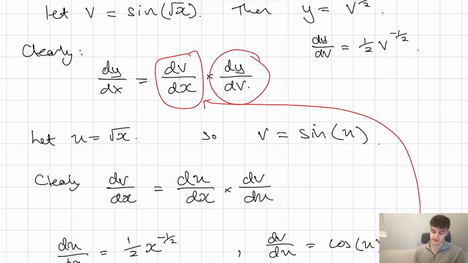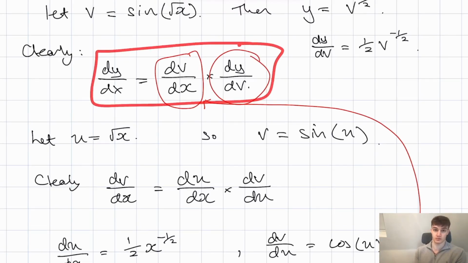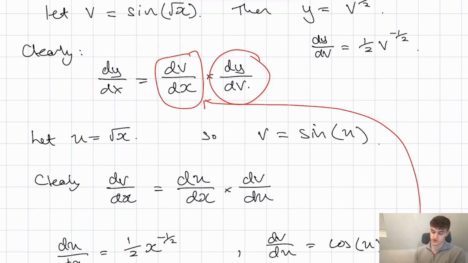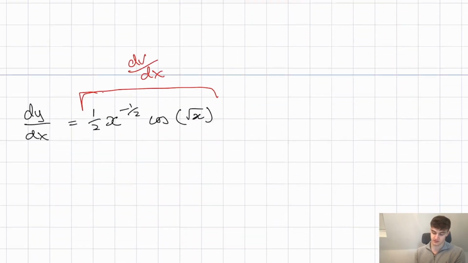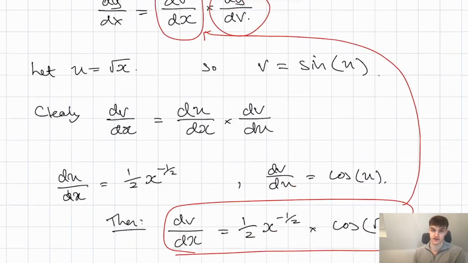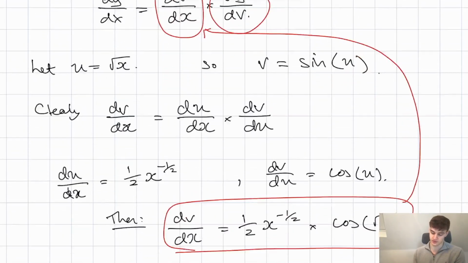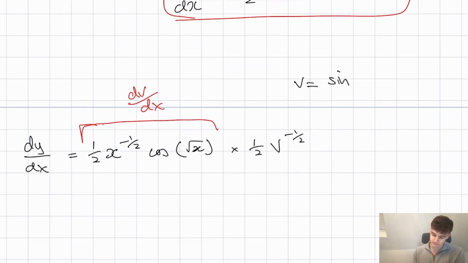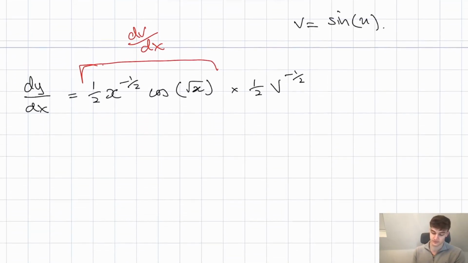We need to multiply it by dy by dv. I was looking at the wrong thing. So I now need to multiply by dy by dv, which is a half v to the negative half. So let me just write it in terms of v first. But we remember that v was just sine of u. So v to the negative half is 1 over root sine u.